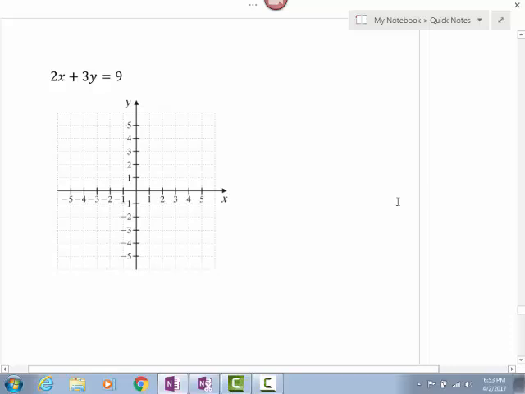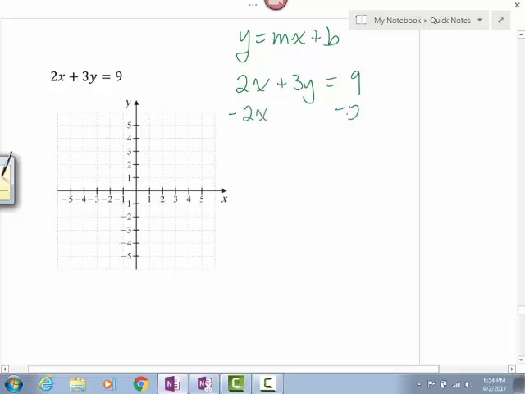So here I have 2x plus 3y equals 9. Again, my first step, I'm going to write out y equals mx plus b. And my line is 2x plus 3y equals 9. So I'm first going to minus 2x on both sides.